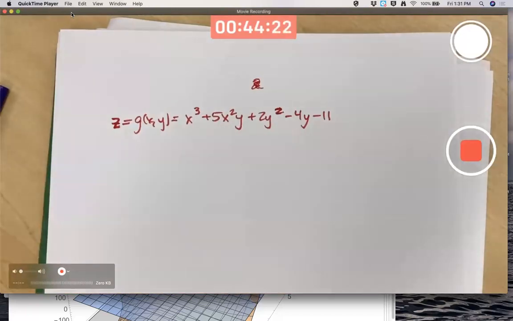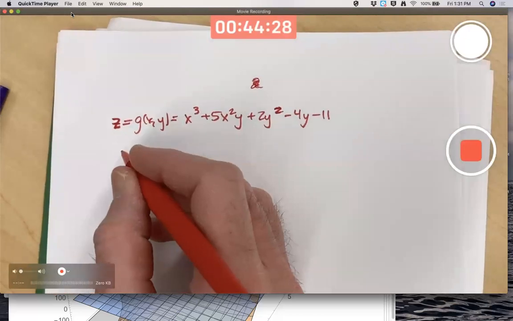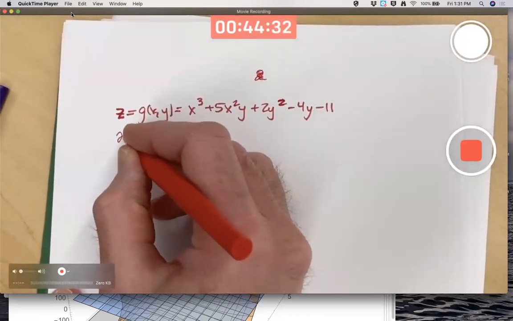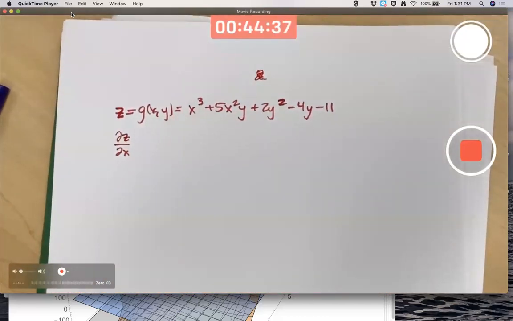I could pretend y is a constant here and differentiate this with respect to x. I could find dz dx. Okay, I'm going to write dz dx, except my d's are going to be fancy looking. They're not really d's in the usual sense. But we still sometimes say d.